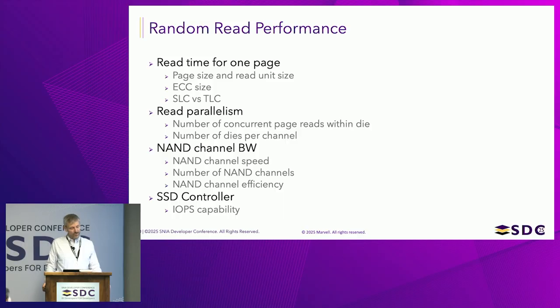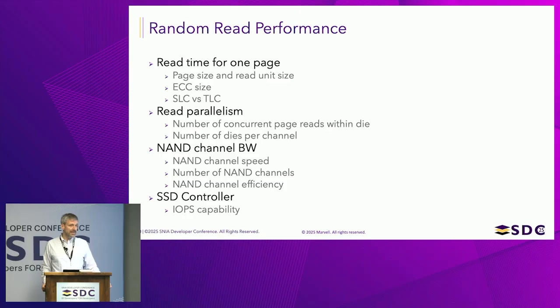I talked about read parallelism. In terms of improving read performance, you need to look at how many pages you can read concurrently within a die, and how many dies you have per channel. Then a key factor is also the NAND channel. What's the bandwidth of the NAND channel? You have to look at the NAND channel speed and the number of NAND channels.